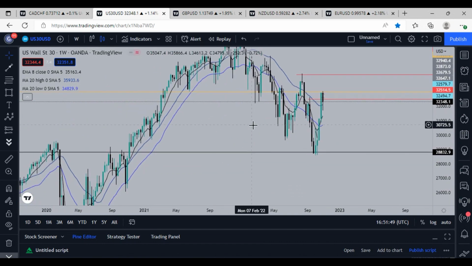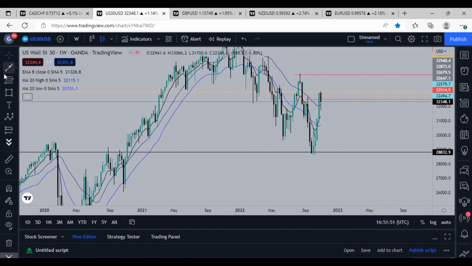So overall, okay, price is actually selling, making lower lows, lower highs, lower low, lower high, lower low, lower high, lower low, lower high.